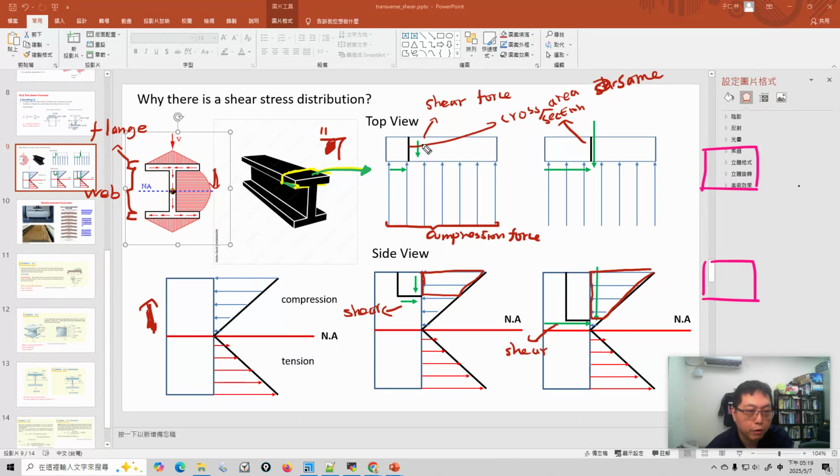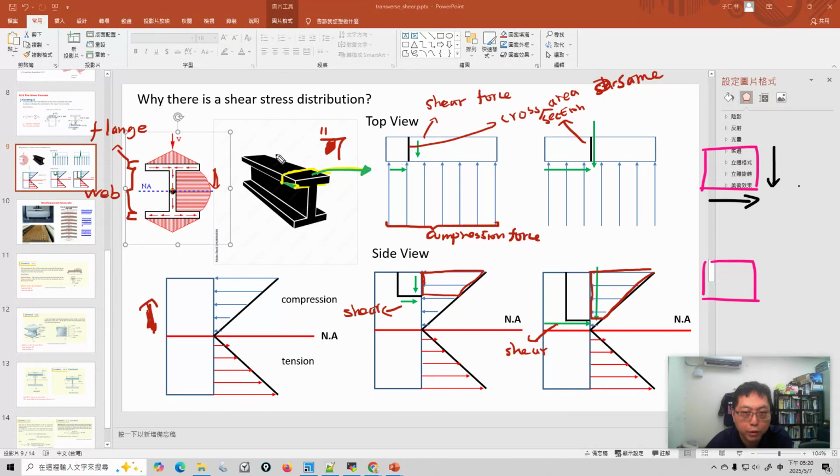In the top view, there will be a shear force here to resist the compression force here. In order to reach the shear force balance, there must be a force here. That's why the shear force is drawn in a horizontal way at the flange part.